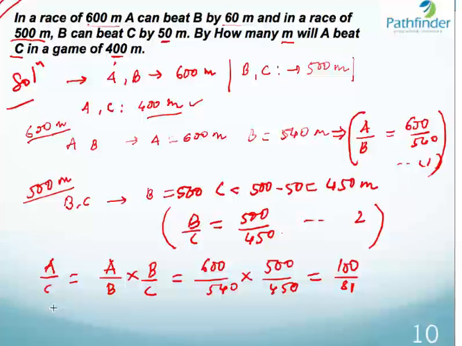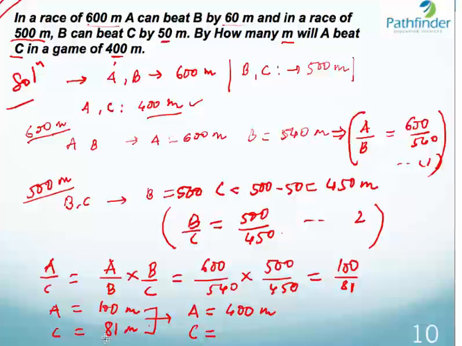So this means that when A runs 100 meters, C should run 81 meters, and as an extension, if A runs 4 times the distance, that is A runs 400 meters, C will also run 4 times this distance, that is equal to 324 meters.